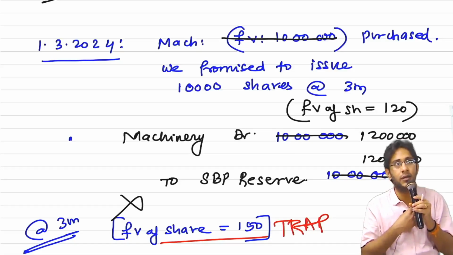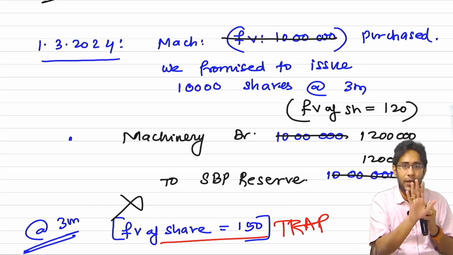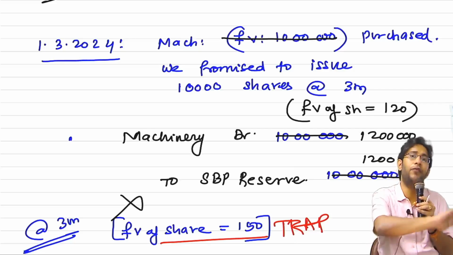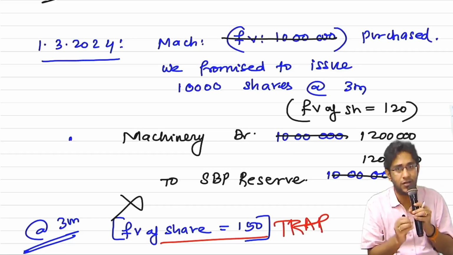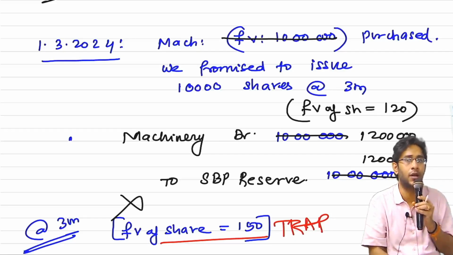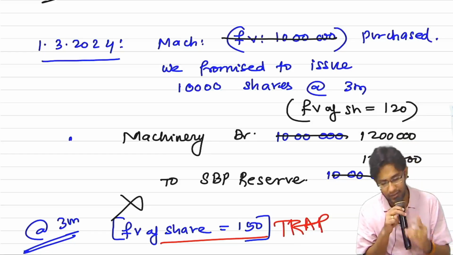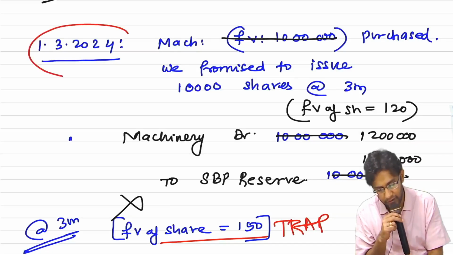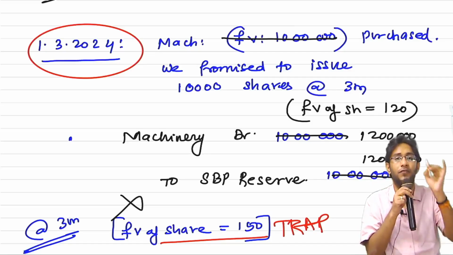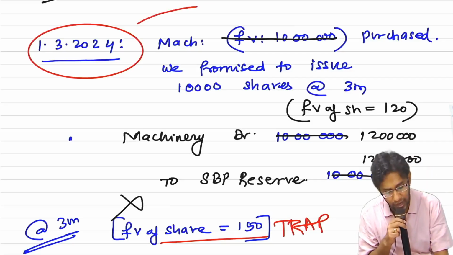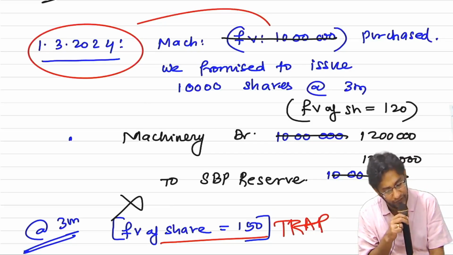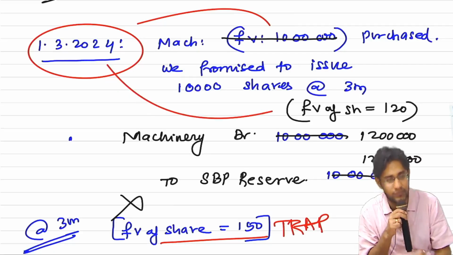The standard says, except in the employee case, in every other case, you should measure the transaction on the date when goods and services are received. Machinery, when did I receive it in this example? On 1st March 2024. So on 1st March 2024 only, I should work out this fair value.